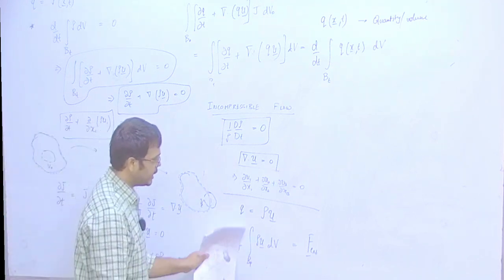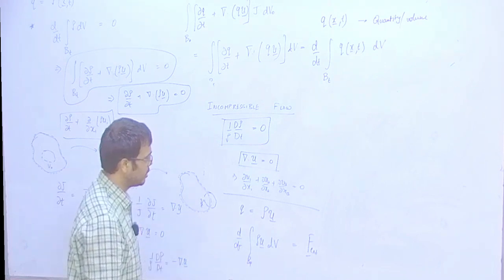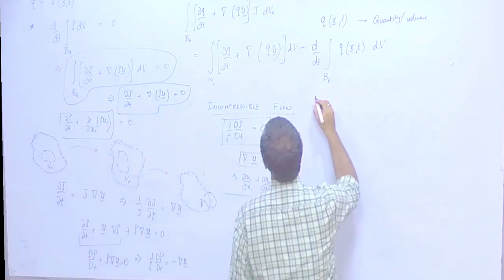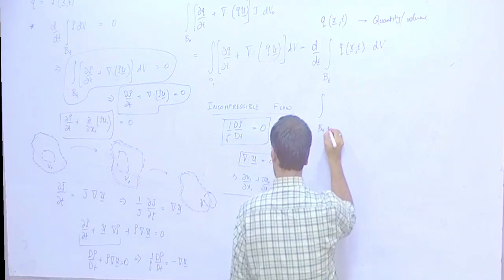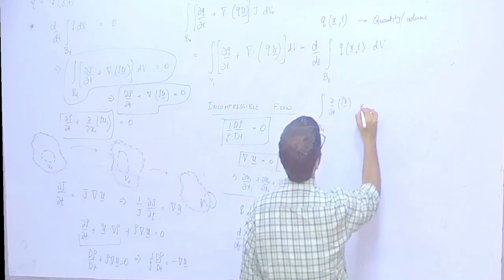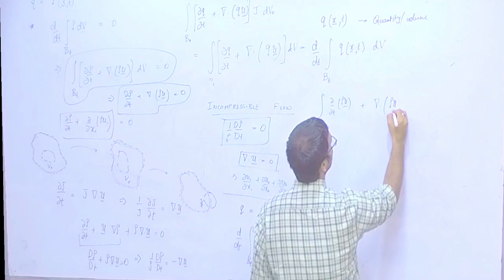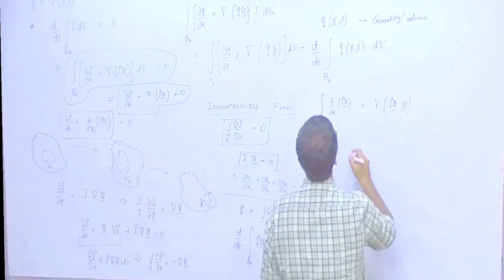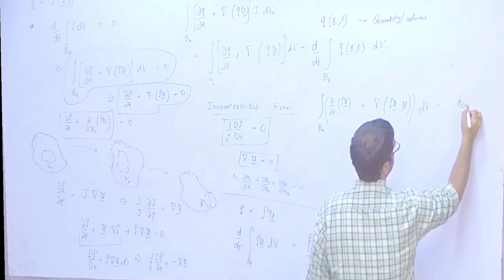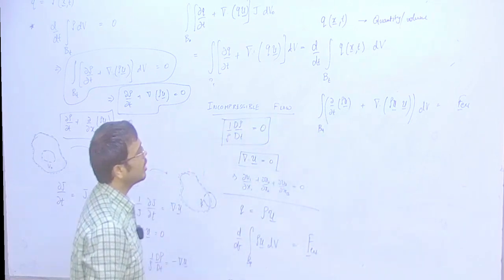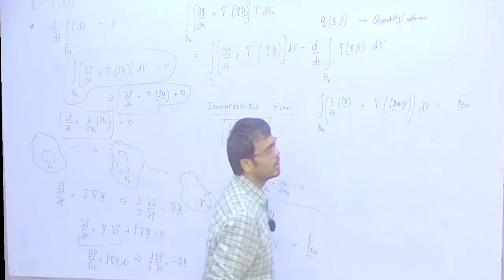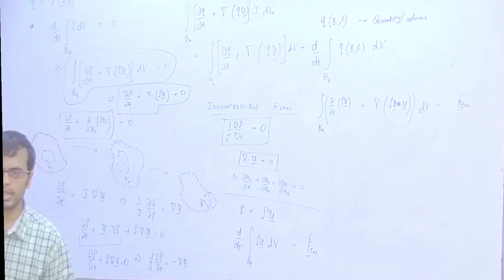So we have d by dt integral over B_t of rho u dV. Again, I can apply the Reynolds transport theorem and write this expression as integral over B_t of del by del t of rho u plus del dot rho u u, where this rho u u essentially is the tensor product of the two, I mean two vectors that are just juxtaposed to each other.